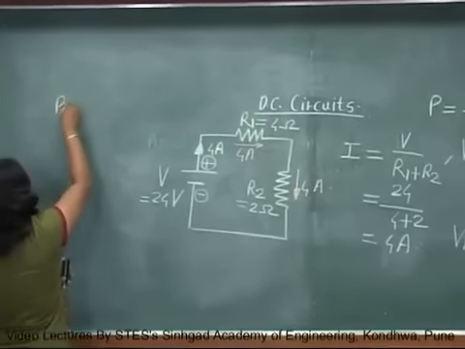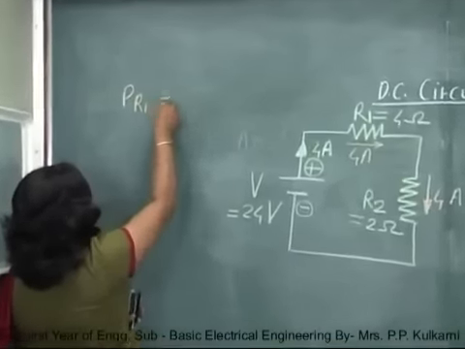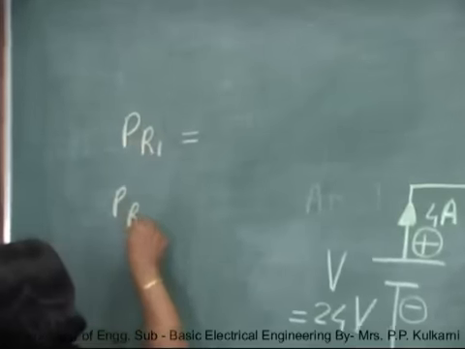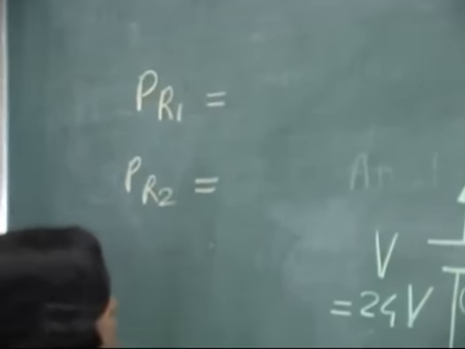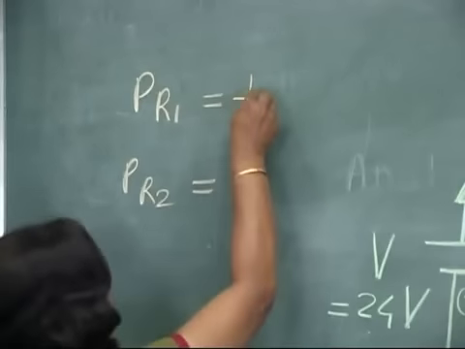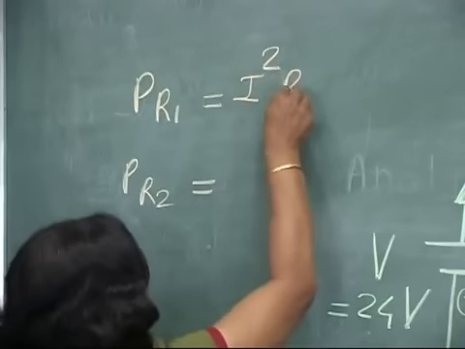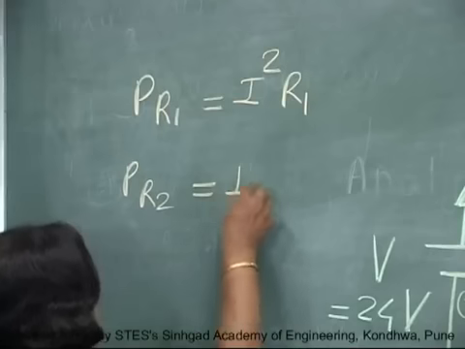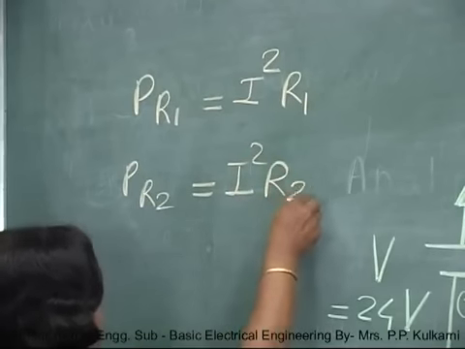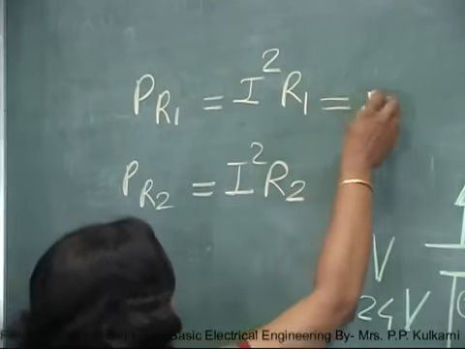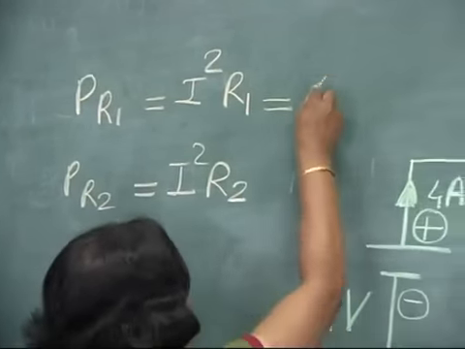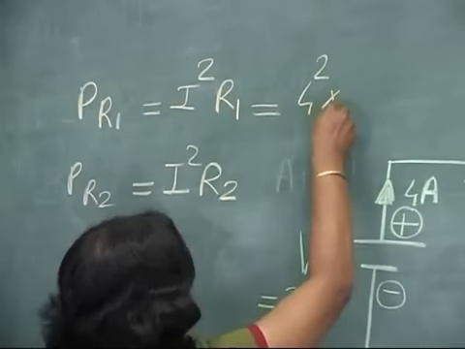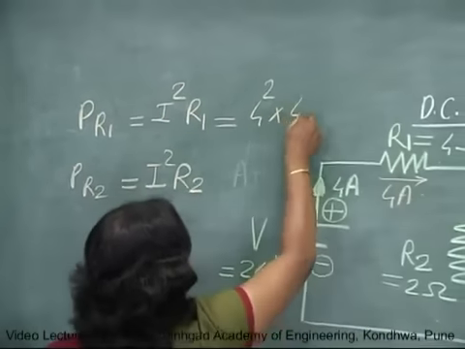Now the last part of this is what? Power consumed by the first resistance, say R1, and power consumed by the second resistance R2. Now the formula for power consumed is I square R. Since the resistance is R1, we'll write here R1. Here the resistance is R2, so write R2. You will get this power as the current is 4 amperes, so 4 square into resistance R1 is 4 ohms.